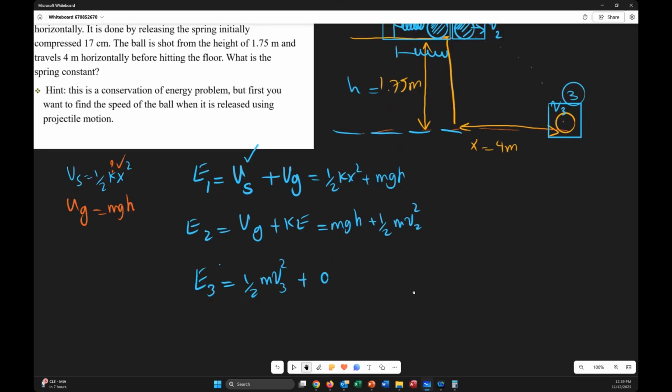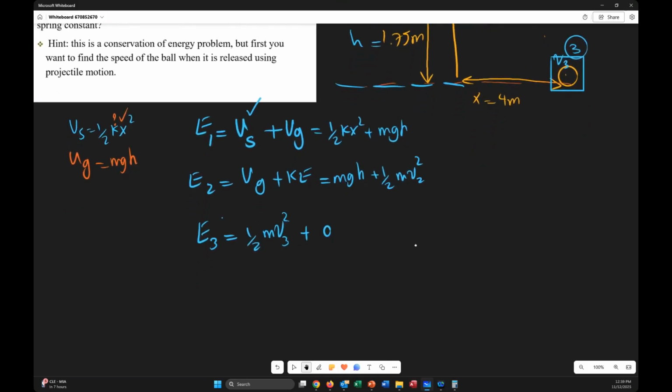Good. So what do you think? We have three equations. And each equation represents the energy.